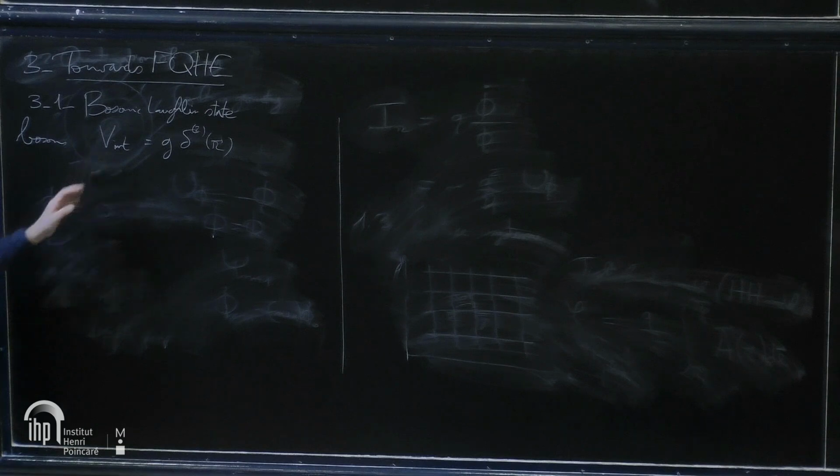Since we have contact interactions, we just need to make sure that the particles cannot touch each other. So in other words, the relative wave function of two particles cancels at position 0.